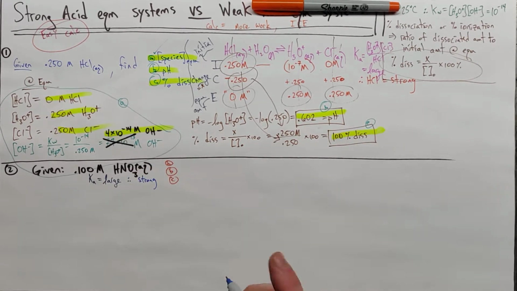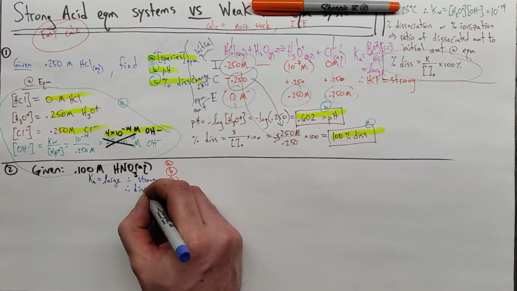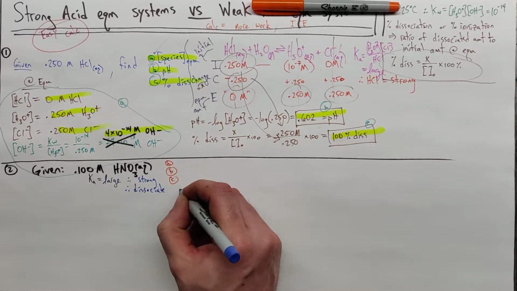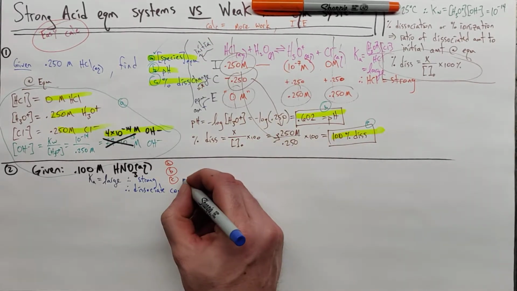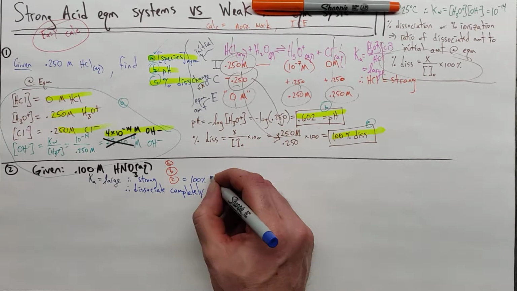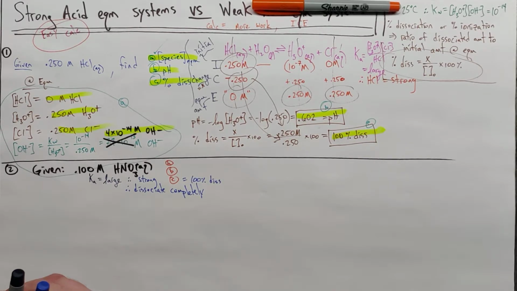And what do strong things do? They dissociate completely. And then our answer to part C is going to have to be 100% dissociation by that reasoning right there. We don't have an answer to B or A, but we can get them very, very quickly.